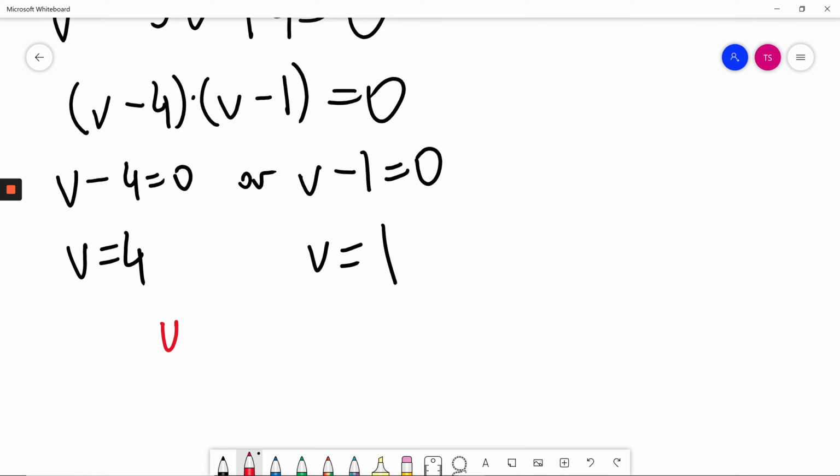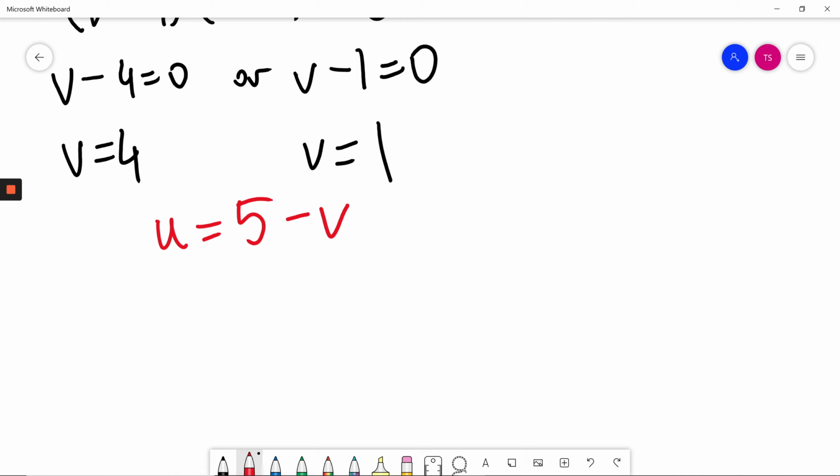But I knew before that u was 5 minus v. So when v is 4, u is 1, 5 minus 4 will be 1, and when v is 1, u will be equal to 4.